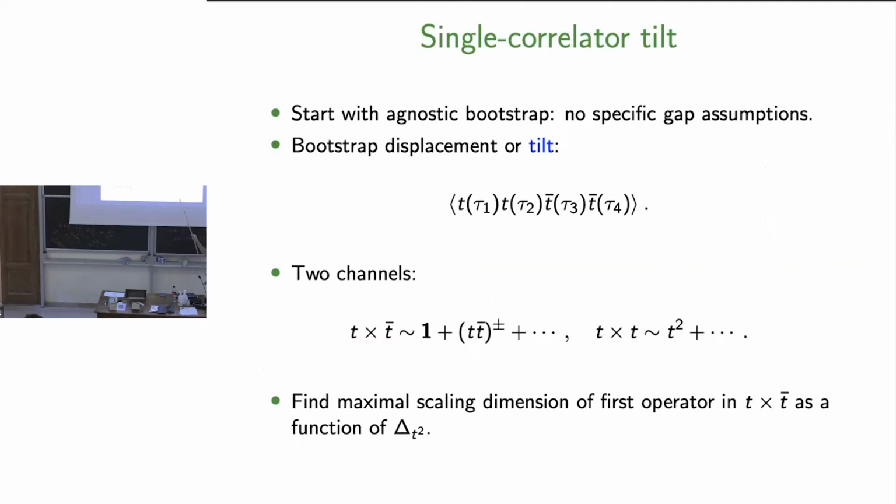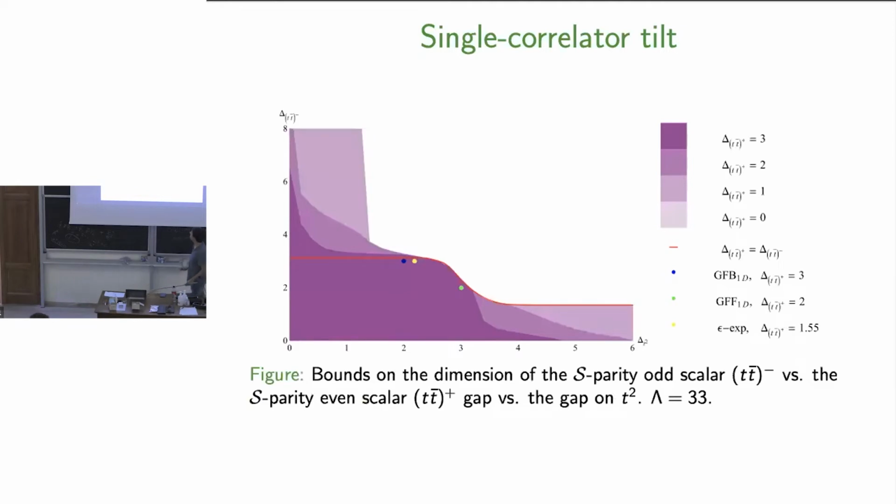So we choose a minimum value for the first one that appears, and then we allow every value that comes afterwards. Then you can start playing games and pushing this gap. You can assume that there is an operator starting at 1 and up, or at 1.5 and up, or 2 and up, and that's how you impose your constraints. So this is the type of game. And at some point, these gaps are perhaps too extreme, and then the numerics tell you that's inconsistent. That's the bound games that we play.